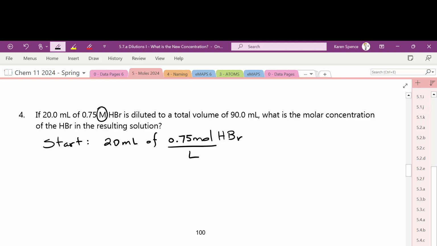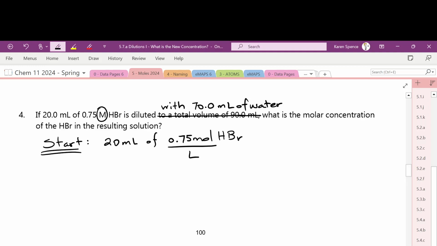Is diluted. Let's just say is diluted. Can we cross that out? With 70 mils of water. What is the molar concentration in the resulting solution?